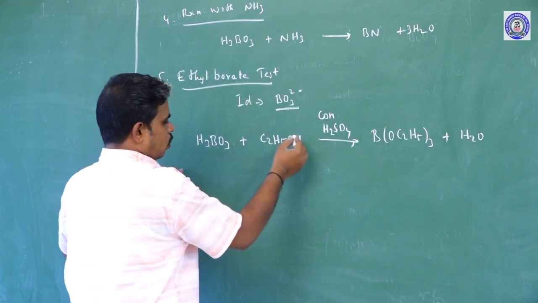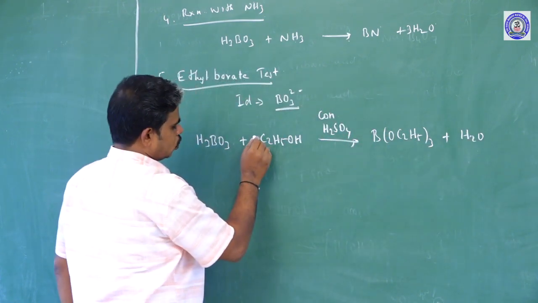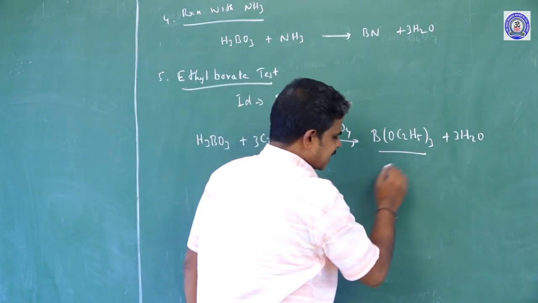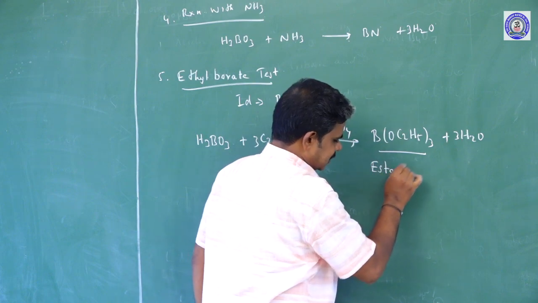Here, with C2H5OH thrice, we get 3 water molecules, and it is considered an ester.